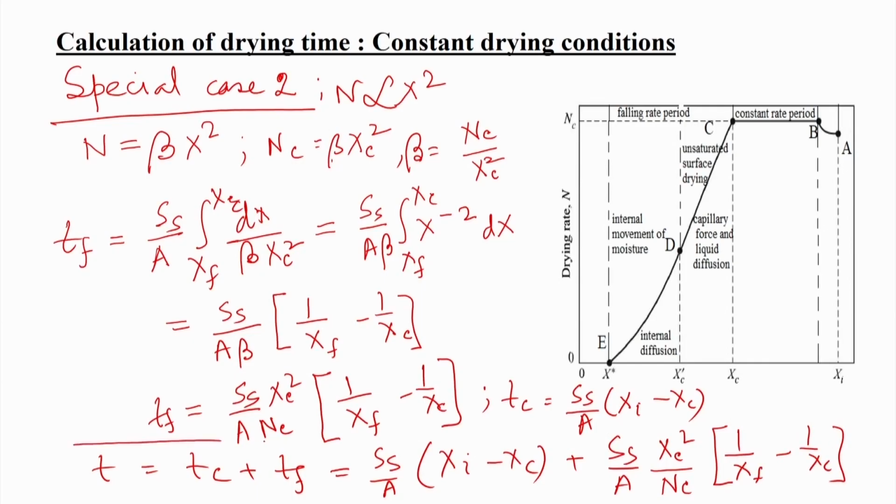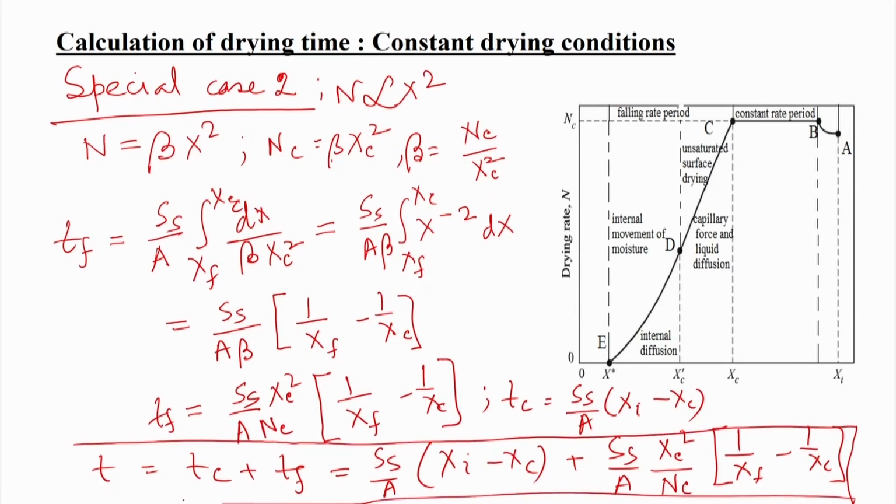So, this is the total time if we say that it is linearly decreasing in the falling rate period. In that case, the total drying time will be T_c plus T_f, that is S_s by A into (x_i minus x_c) plus S_s by A x_c square by n_c into (1 by x_f minus 1 by x_c).